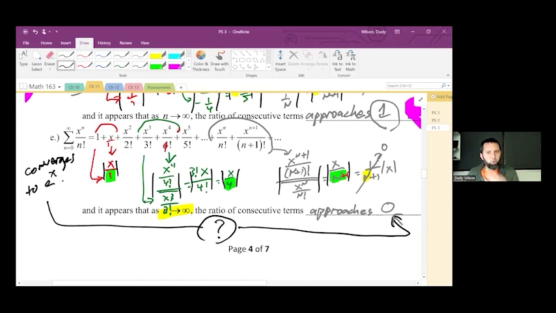Unlike the other examples where we knew what it meant, here there's an x and we're not quite sure what that all entails. But we have some examples to show us how we would calculate ratios, and you get the sense that sometimes that ratio might tell us when we converge, sometimes it might tell us when it diverges, other times it might not be able to tell us anything at all.